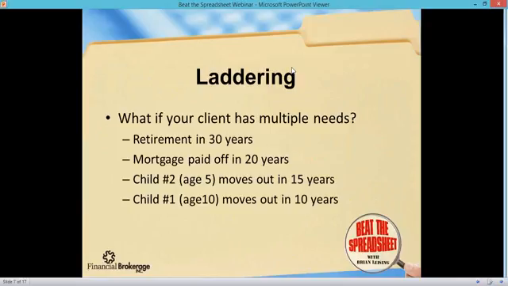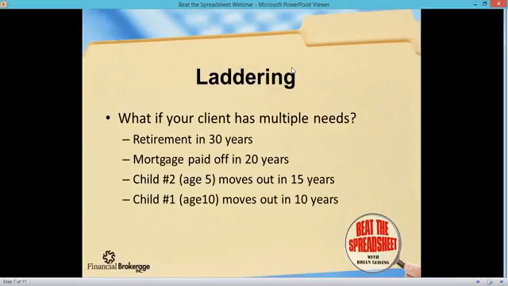So if we ask our client a few questions, we might come to this conclusion in this situation. For this purpose, our hypothetical client has a 30-year mortgage, but he's 10 years into it already. So we need some sort of coverage to cover the next 20 years of that mortgage.